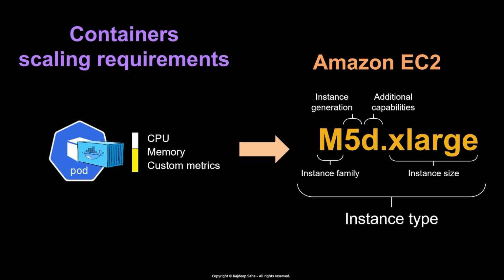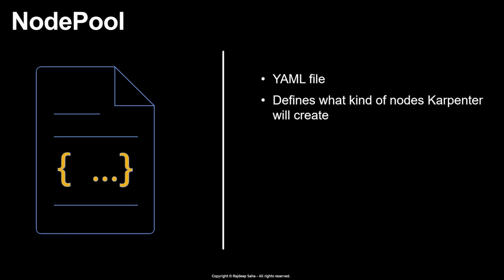Fortunately, Karpenter can automatically select the best instance type based on your workload and scheduling constraints. On the other side, you can also control what kind of instance types and what other controls you want to place if you need to. We do that using a file called NodePool. This is a YAML file. It can define what kind of nodes or EC2 instance types Karpenter will create.